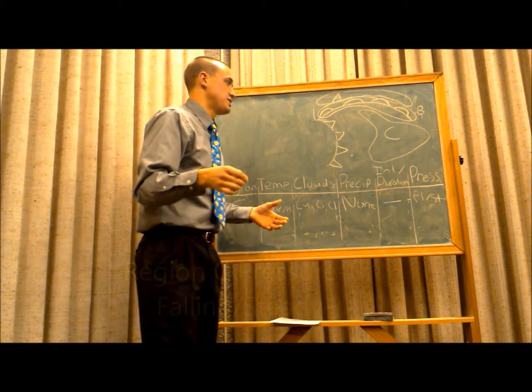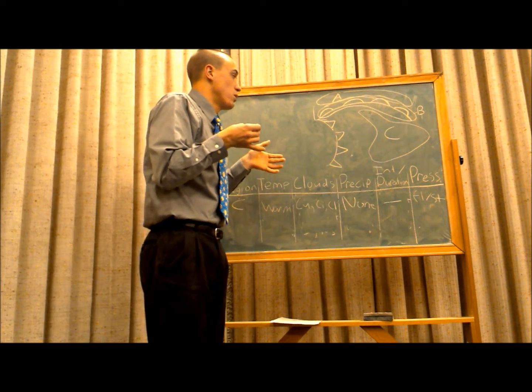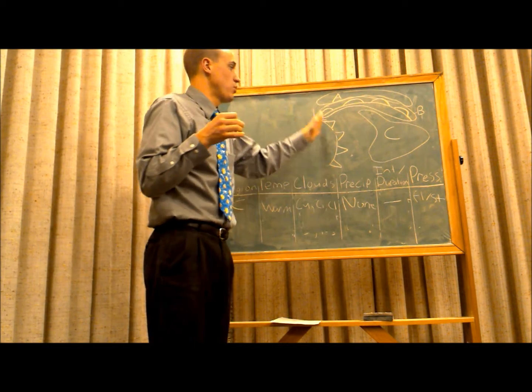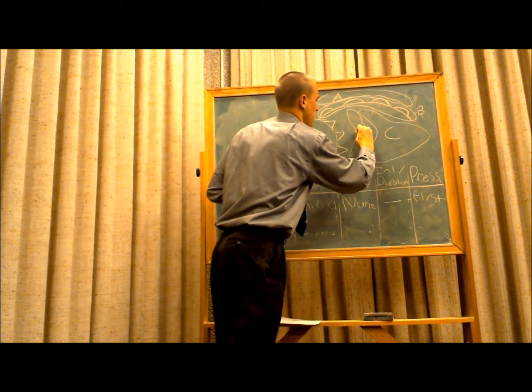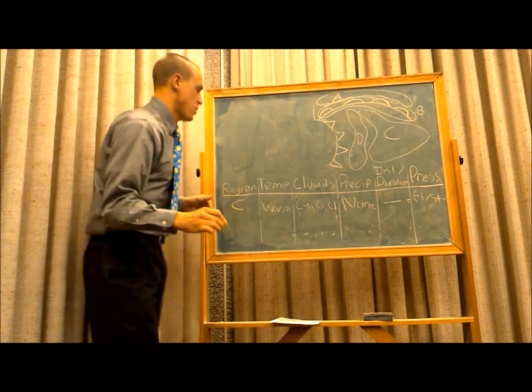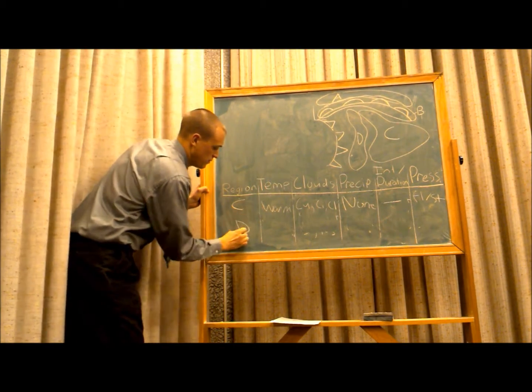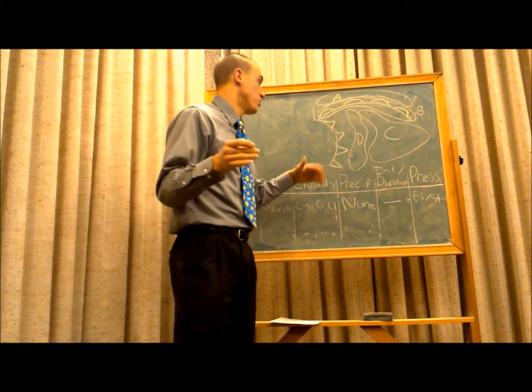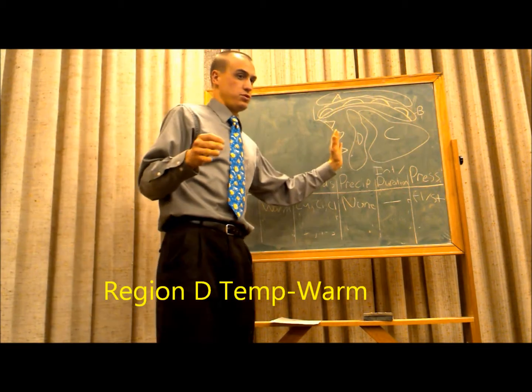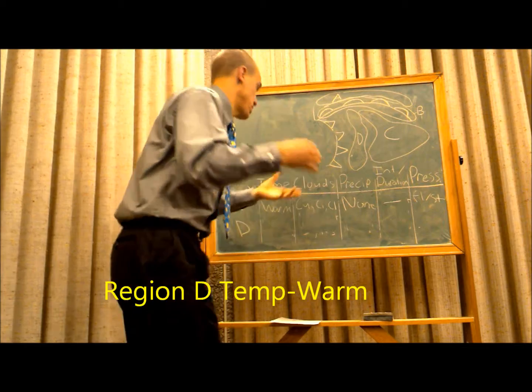All right, so the next section is a section right before the cold front, and it's Section D, located right here. Okay, so Section D has temperatures that are still warm. Remember, the cold front hasn't moved through yet, so we don't have cold temperatures.